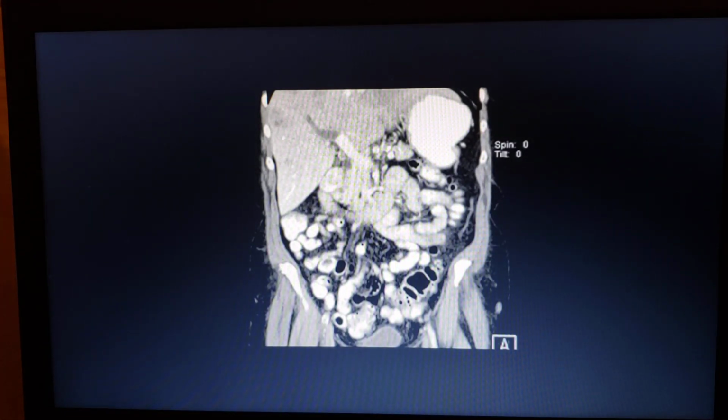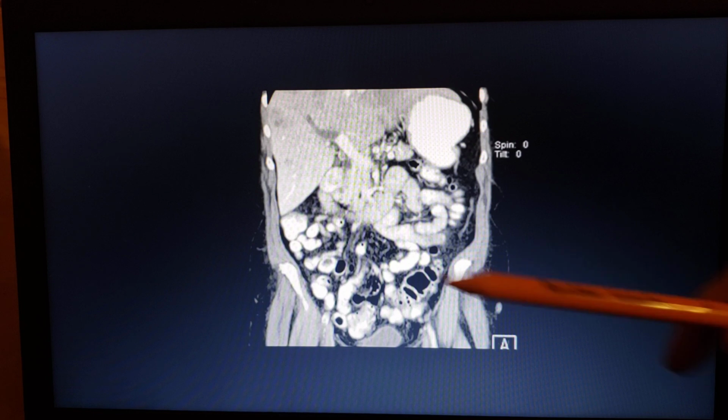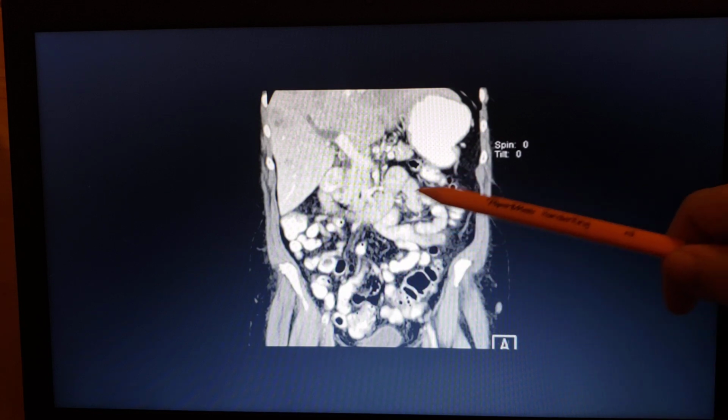This is a CT. And I want to look at the CT and then compare it with our next video slide, which is an MRI, to show you the difference in CT versus MRI. And we can see here a lot of different looking things going on in the abdominal tract.